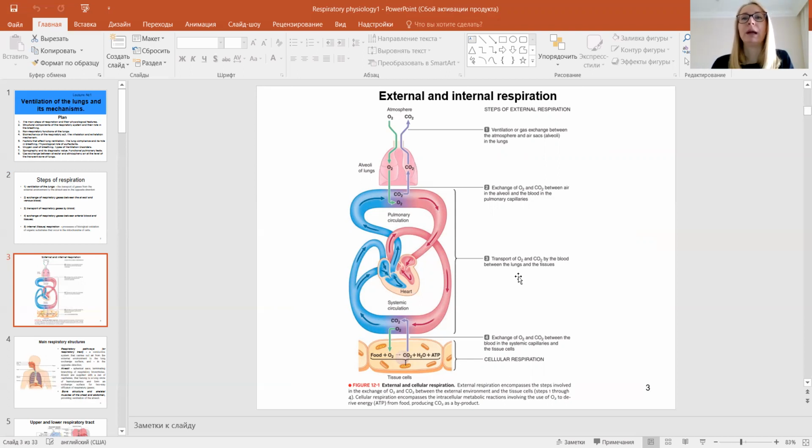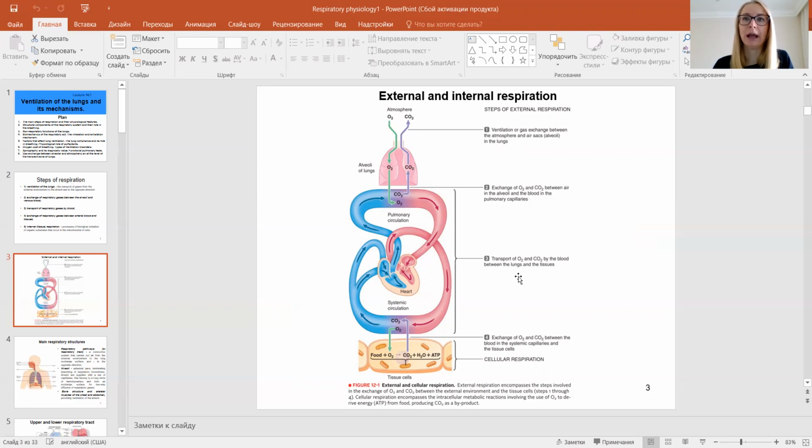Two fundamental mechanisms that perform all these steps are diffusion and convection. They are responsible for transport of gases at different steps of the respiration process.